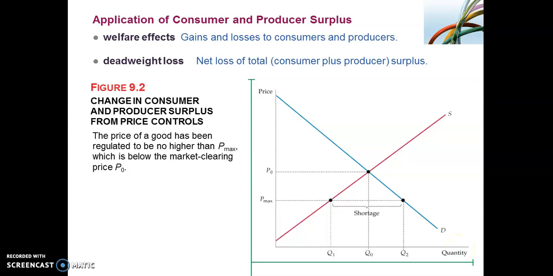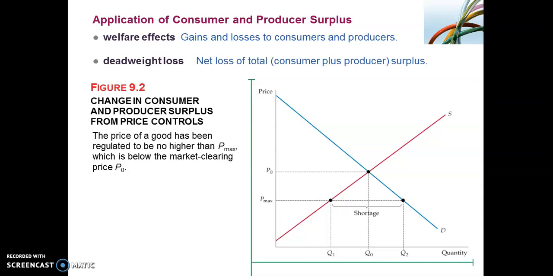The equilibrium price is given by P0, where your market demand and market supply curves intersect. The quantity at this market clearing price of P0 would be Q0.